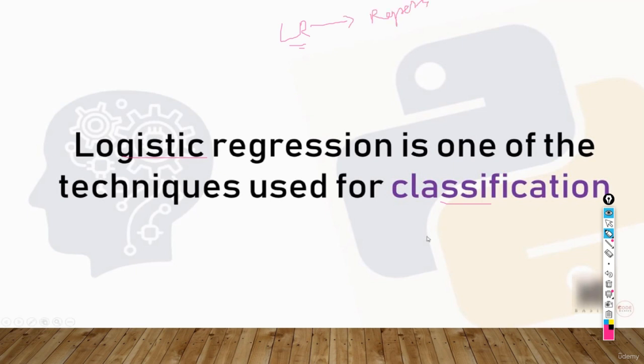Now we are learning logistic regression, which is used for classification. So don't get confused by the naming here. Although the name has regression, it is used for classification problems. Classification means there should be some classes. Our prediction should be bounded between certain classes.